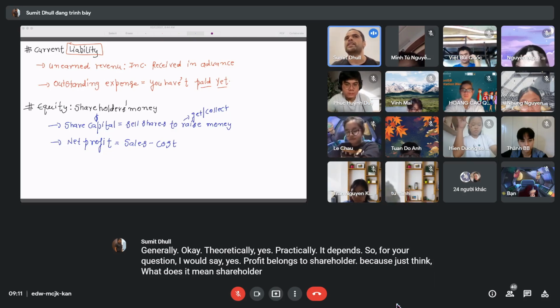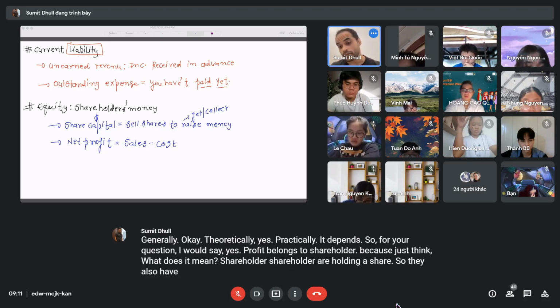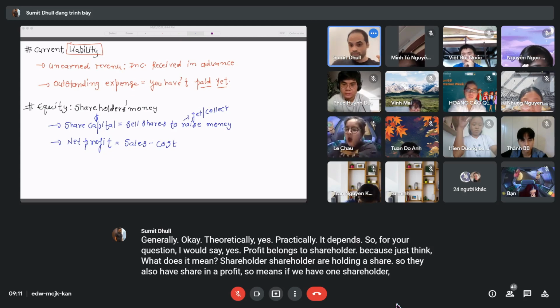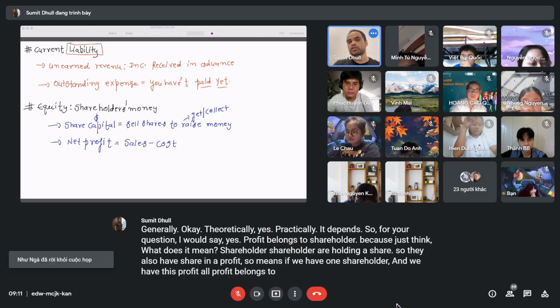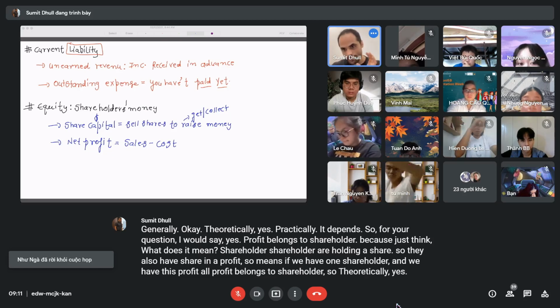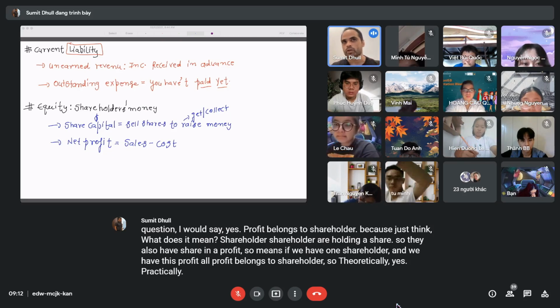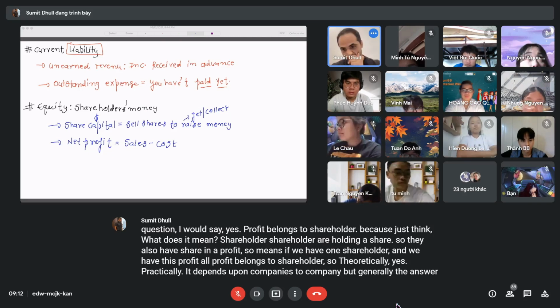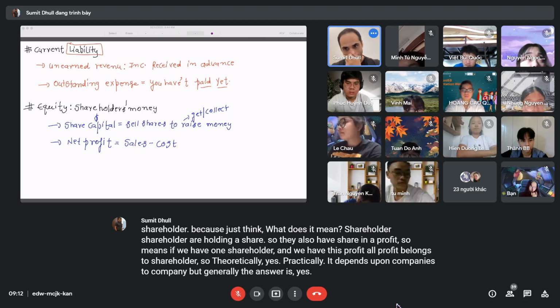Shareholders are holding a share, so they also have a share in the profit. So if we have one shareholder and we have this profit, all profit belongs to the shareholder. Theoretically, yes. Practically, it depends from company to company, but generally the answer is yes. Right?